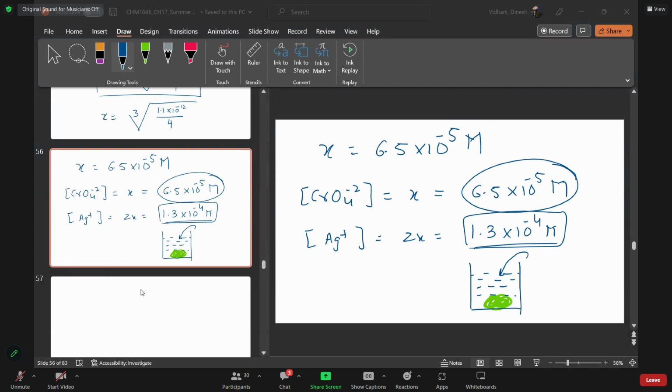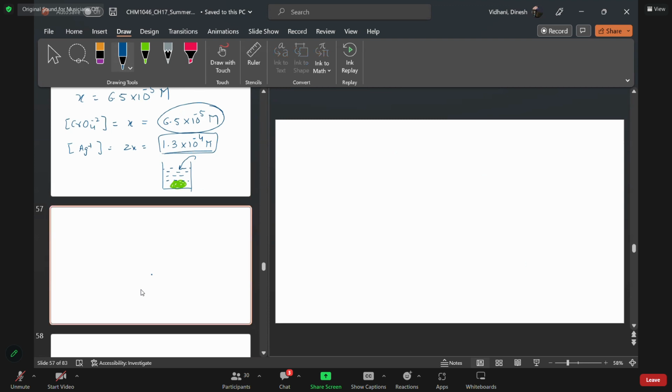Okay. Now let's do one more problem on that. Now this one is quite interesting because in this case, we will be adding a common ion from outside and see the effect of this added ion on the solubility. First, let's think about it in qualitative terms. Let's think about barium sulfate.